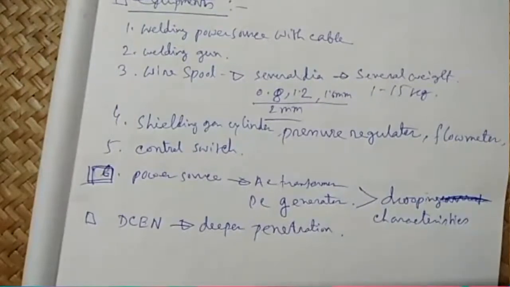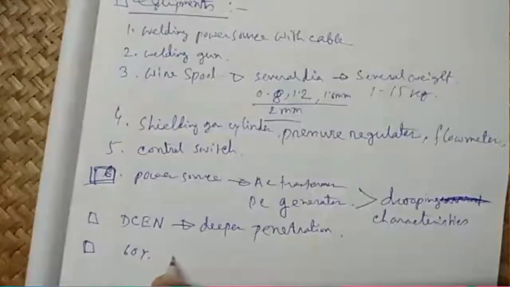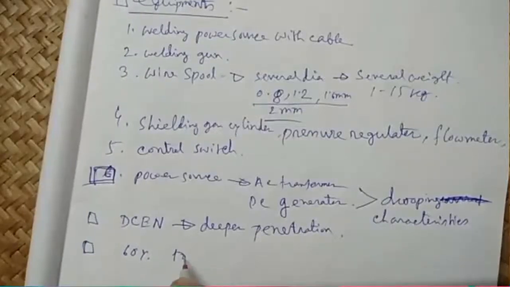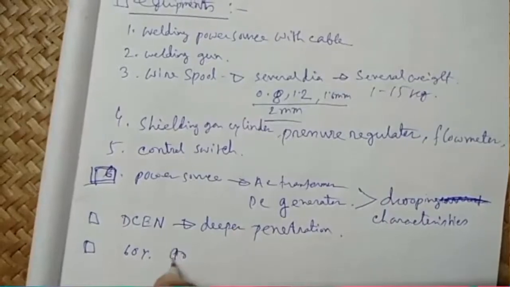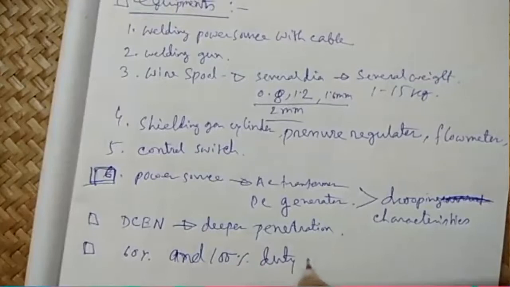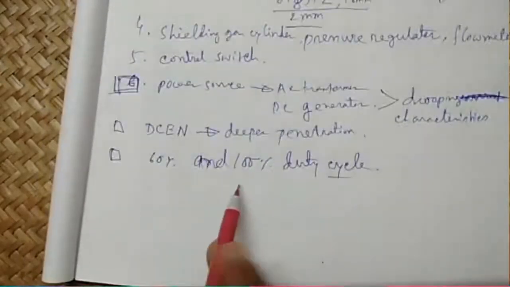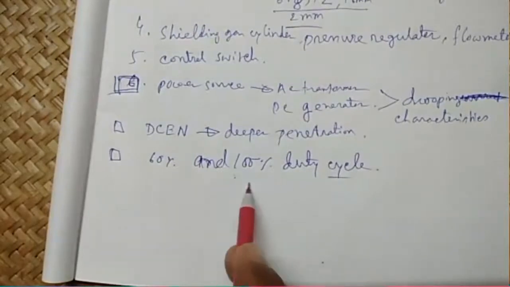The power source is generally rated as 60% and 100% duty cycle. That means at 100% it can work anytime you want, full time.